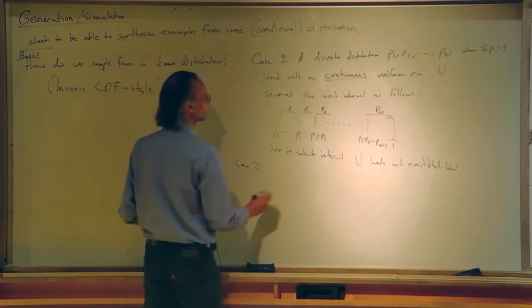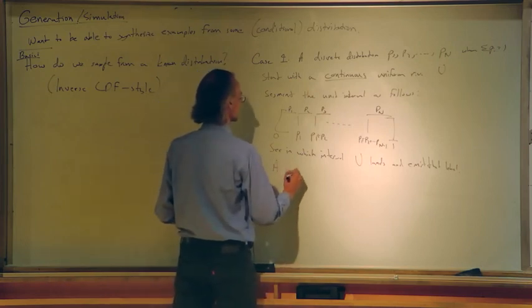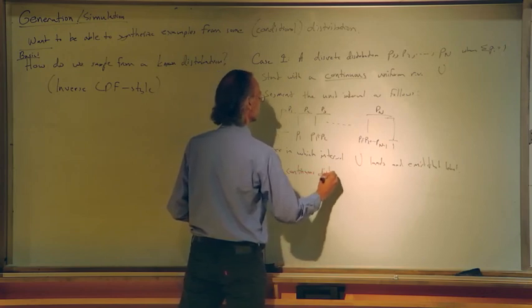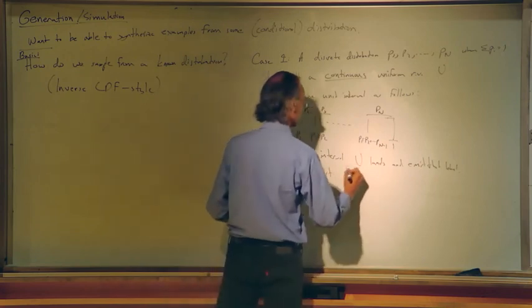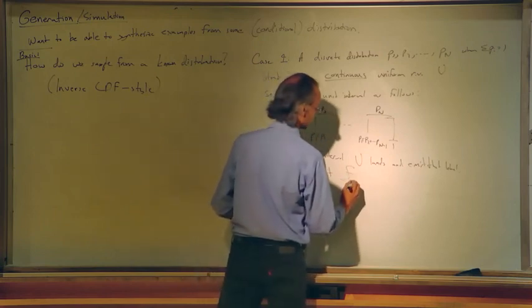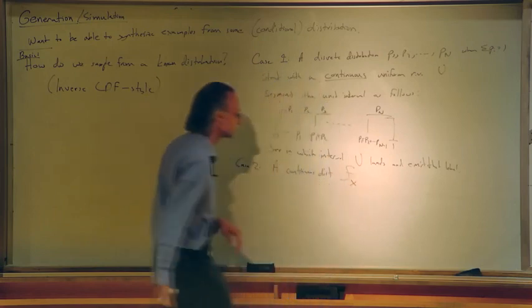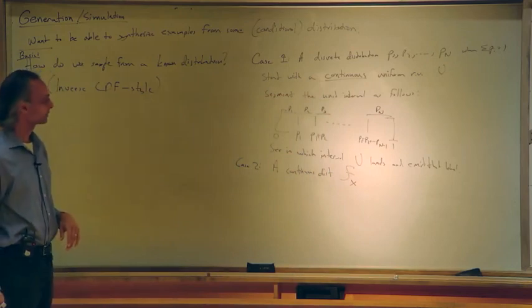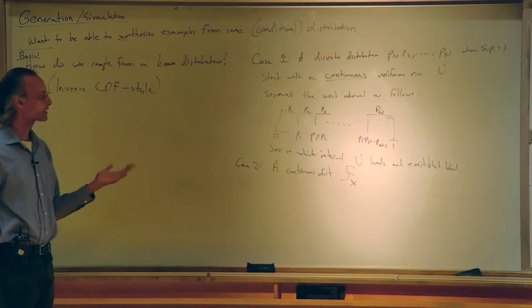So case 2, continuous distribution. Some f of x. How would I sample from that?